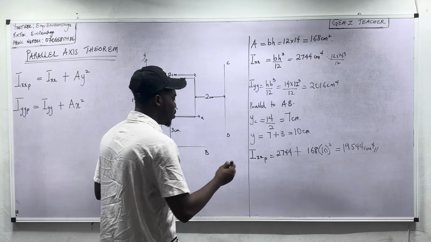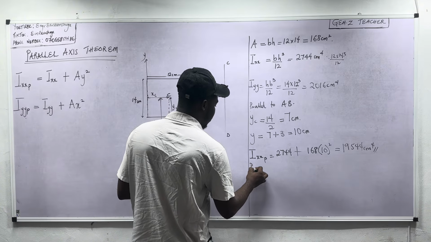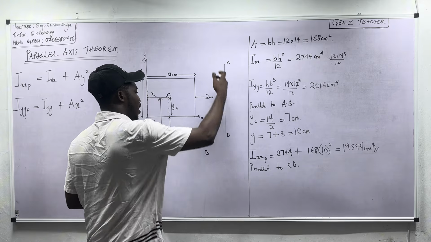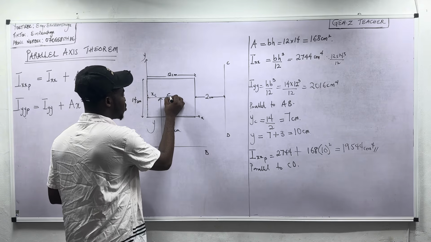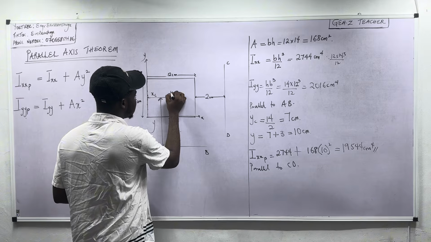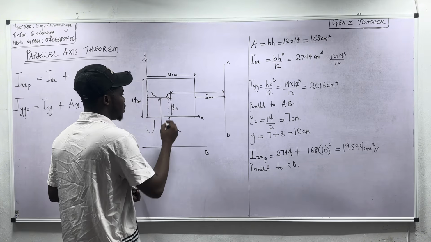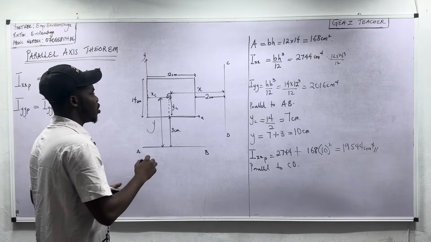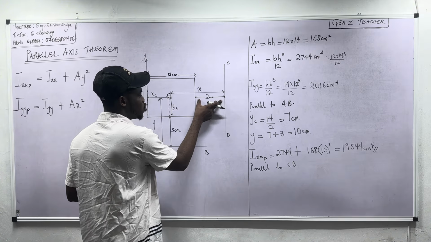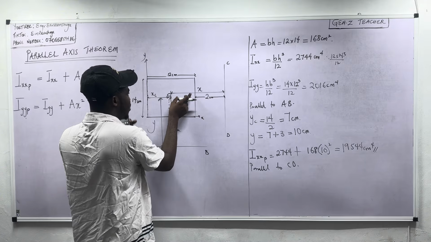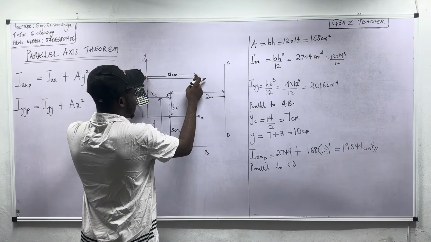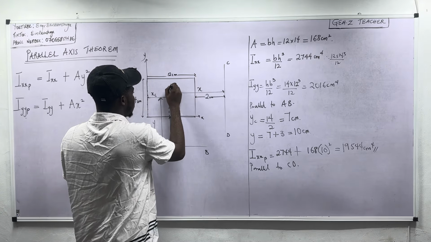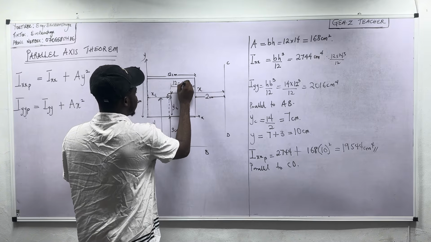In the same way, we can find the one parallel to CD. Now CD is the y axis, right? So we need the distance from here up until this part, which becomes your x. From here to here, we know it is 2, and we need this part. This part should be the total base minus the x centroid, so 12 minus your x centroid.